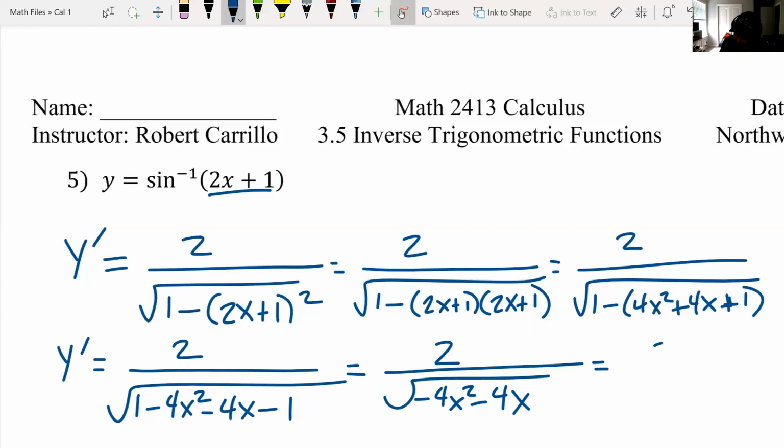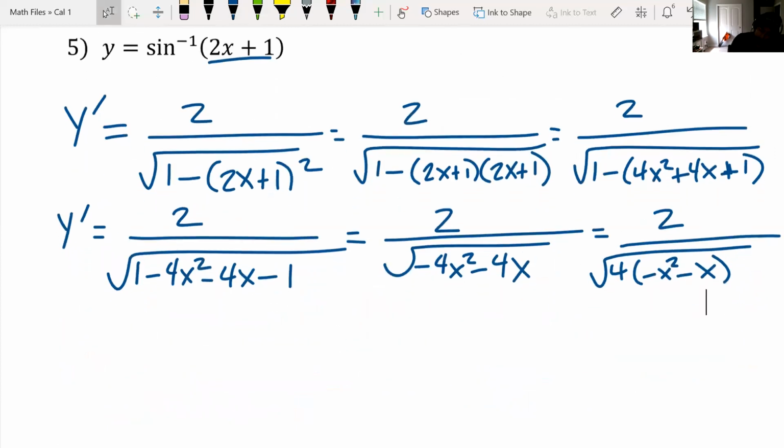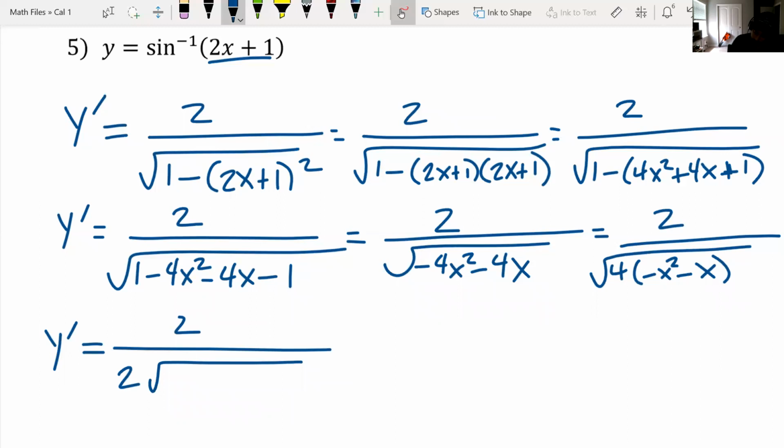So I'm going to make this 2 over the square root of 4 times negative x squared minus x. And now I get y prime equals 2 over 2 square root negative x squared minus x.